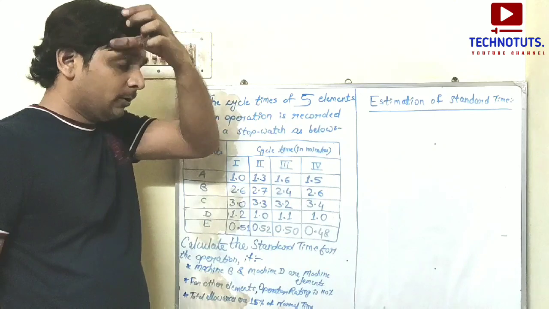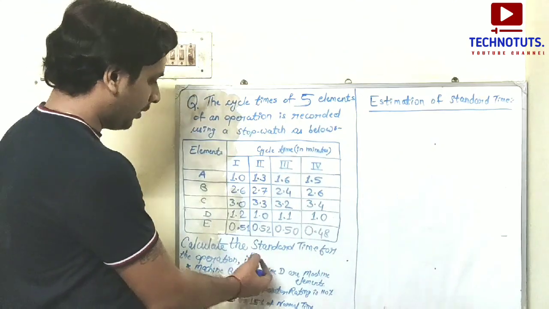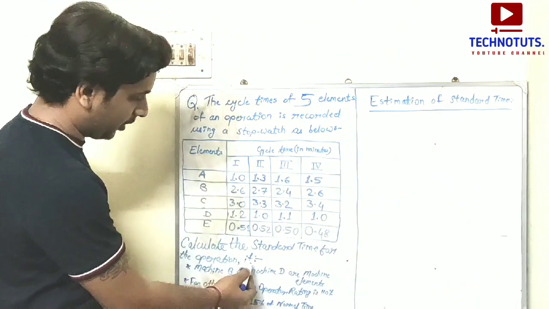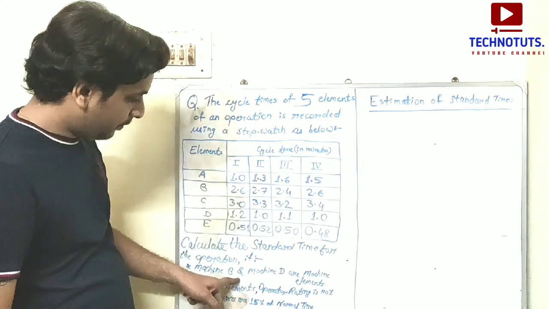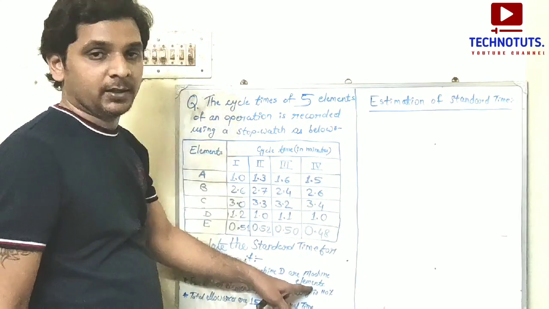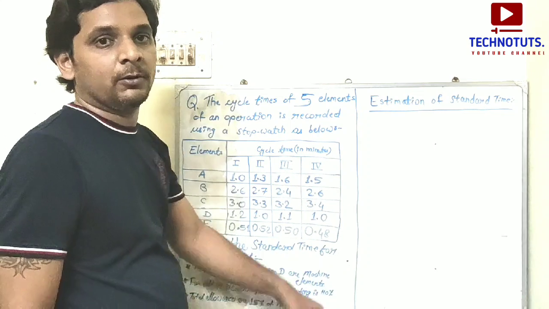Now, what is the question? The question is to calculate the standard time for the operation if B and D are machine elements. Yes, this is the point I am talking about. What is a machine element?